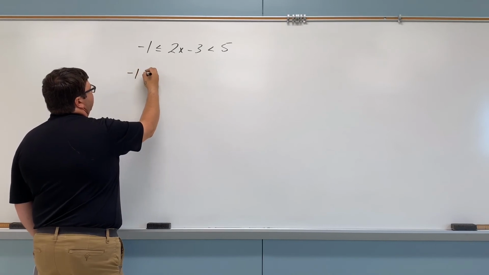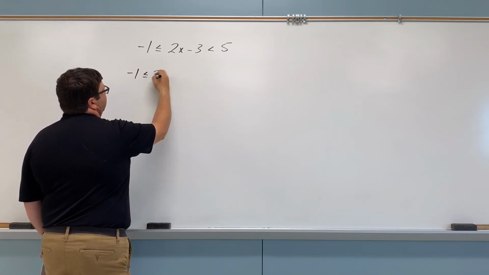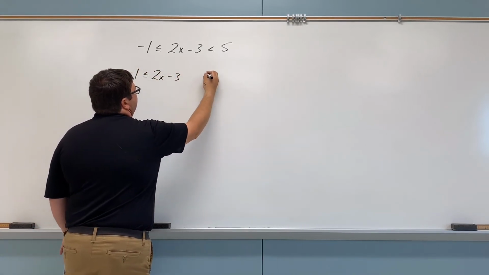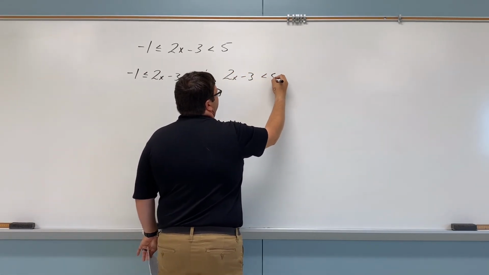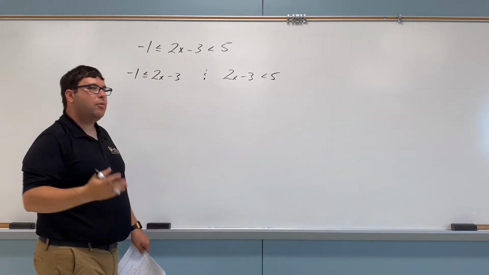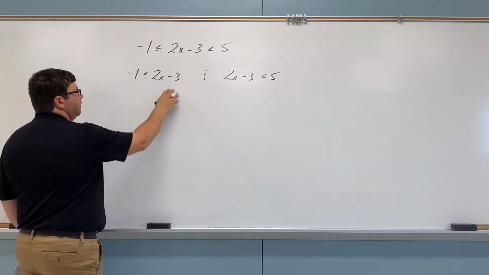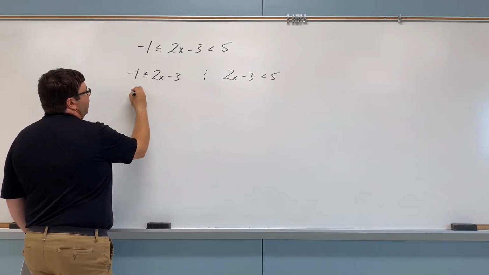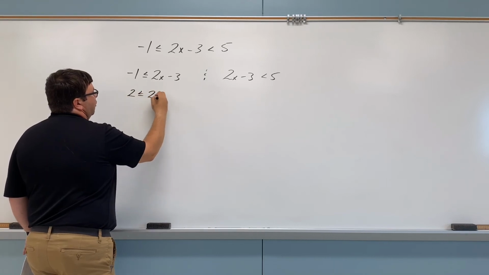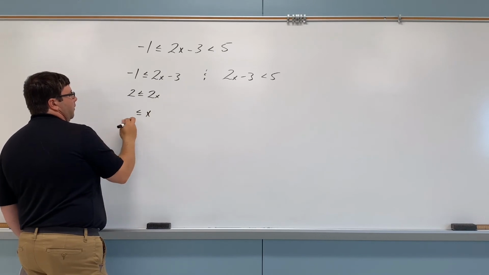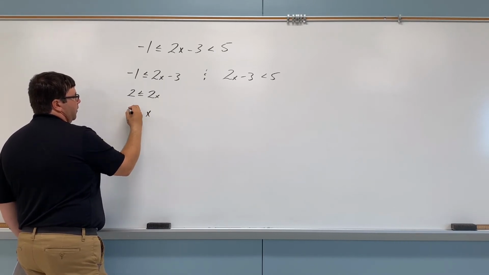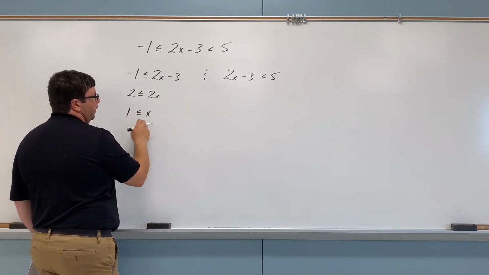You would rewrite it as -1 less than or equal to 2x minus 3, and you'd have 2x minus 3 is less than 5. And then you would go through and solve each piece. So you'd add your 3 over, that gives you 2 less than or equal to 2x. Solve, that's x is on this side, 1 on this side, so 1 is less than or equal to x.